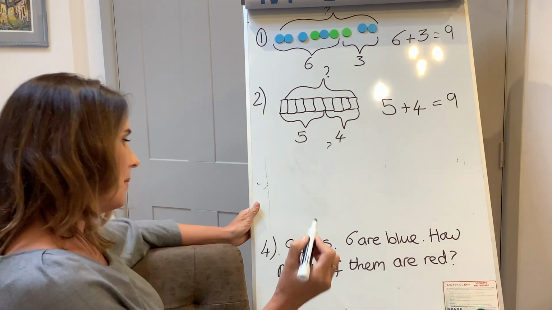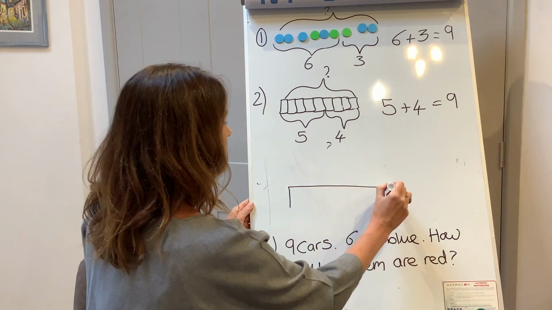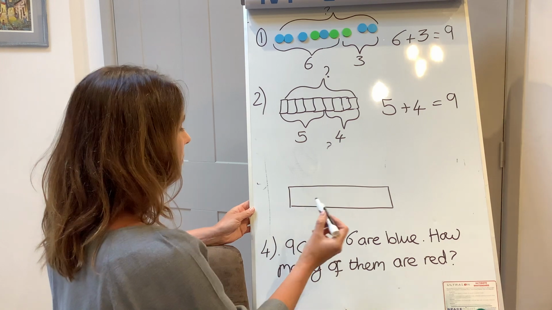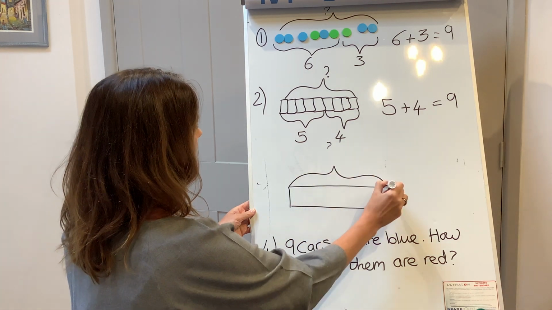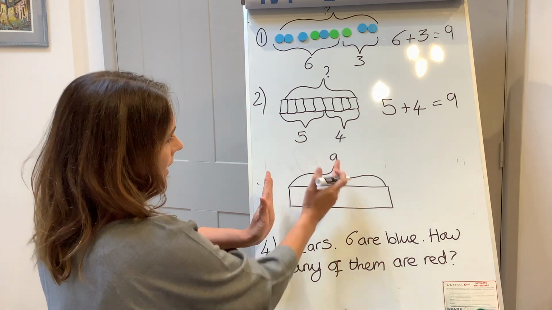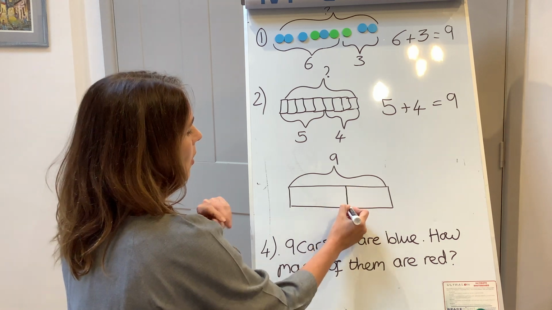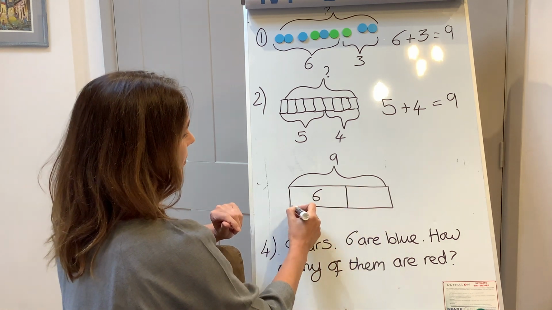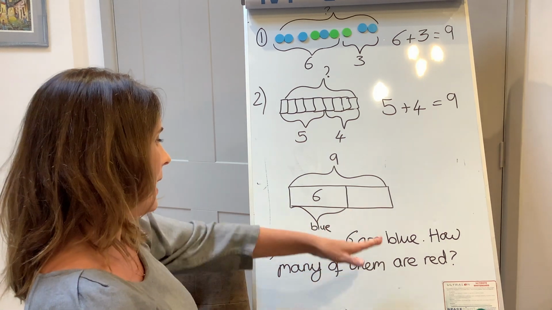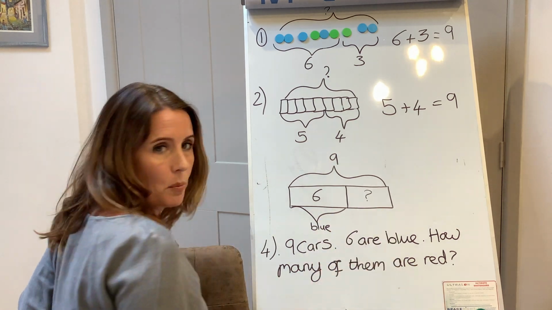So what I'm going to do, I've got my 9 cars. So in my bar model, I know that altogether there are going to be 9. 6 of them, and I know that 6 in 9, there's going to be more that are blue. So I'm going to draw that box bigger. So 6 of them are blue. And how many of them are red? So what I need to do is find out what this one is.